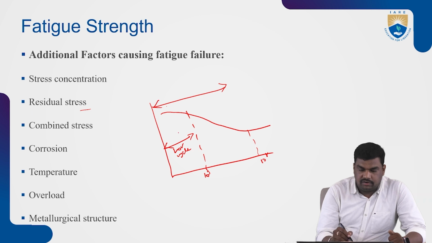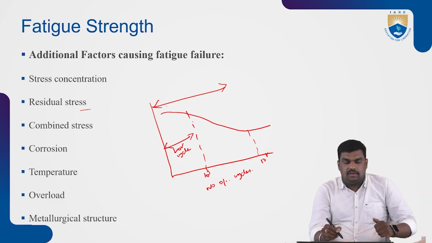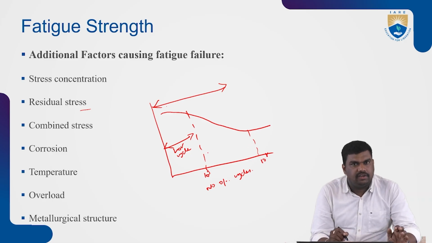So when high stress, high load is acting, your number of cycles will be less. When you are applying less stress, then your number of cycles will be more. So that is your low cycle fatigue and high cycle fatigue.